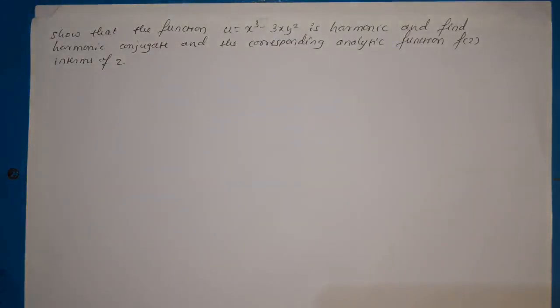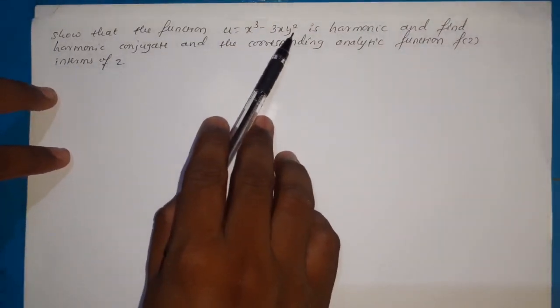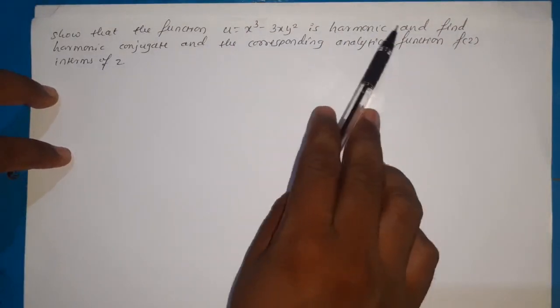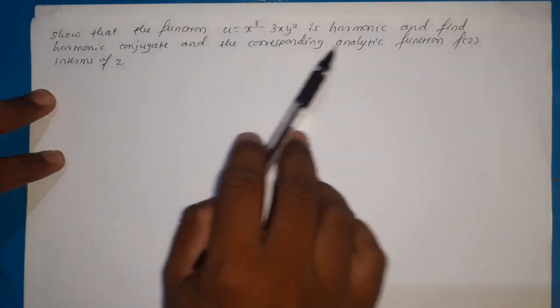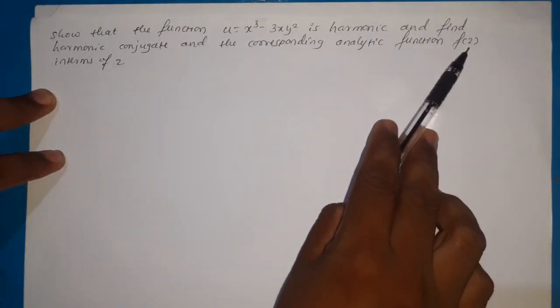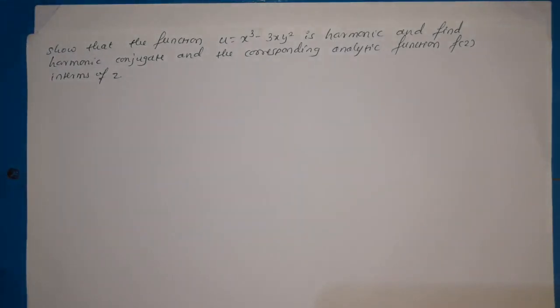Now let us consider one example on finding the analytic function and the harmonic conjugate. Show that the function u equal to x cube minus 3xy square is harmonic, and find the harmonic conjugate and the corresponding analytic function f of z in terms of z. Here it is given that u is the real part of the function. By using that u, first we need to show that it is harmonic.